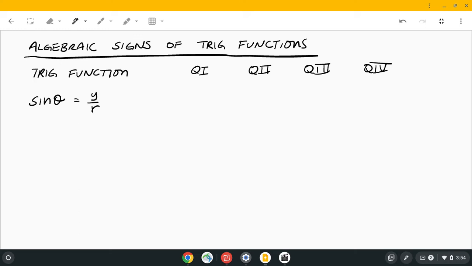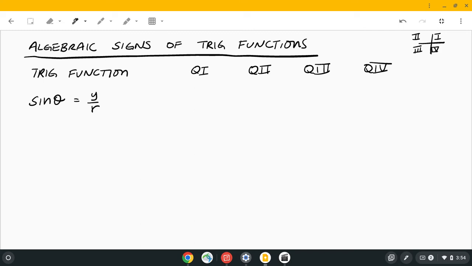If y is positive, then sine theta will be positive. So in quadrant 1, and I'm going to draw a tiny little quadrant up here. Okay, so this is quadrant 1. This is 2, and this is 3, and this is 4.